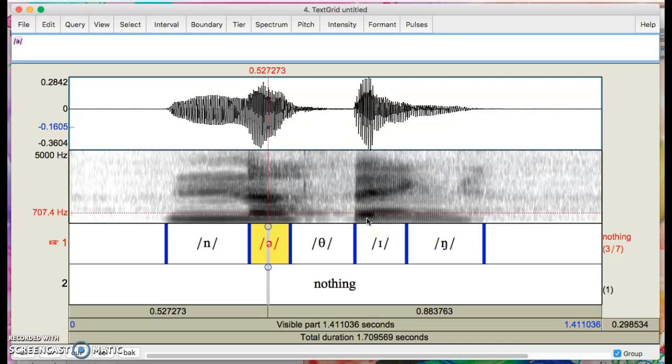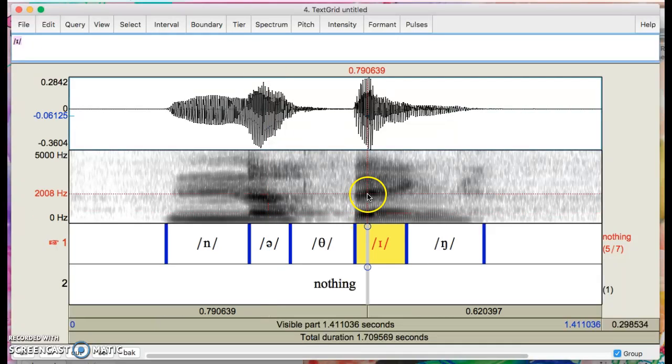Whereas our formant 2, you can see going up into our ing, they all connect together, but this is higher, which means there's going to be a larger difference there, which means this is going to be more front compared to our schwa right here.